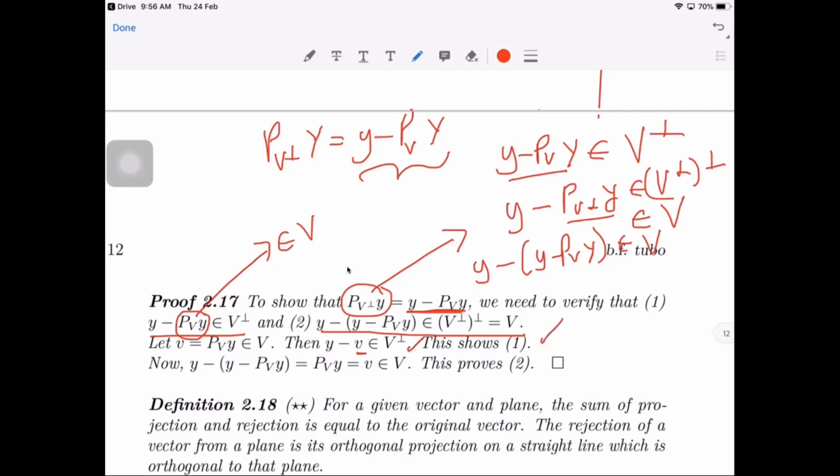So this shows 1. And this one, after simplification, gives you the projection of y onto V, which is an element of V. So, done. Very easy.